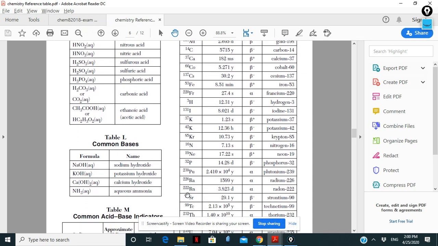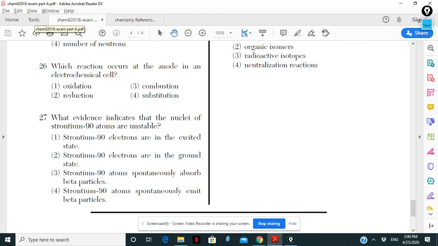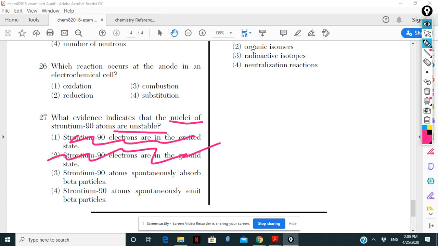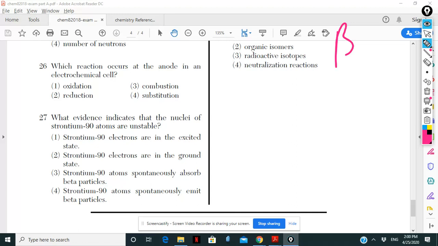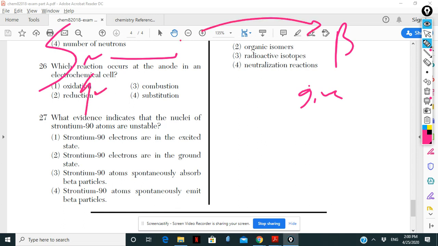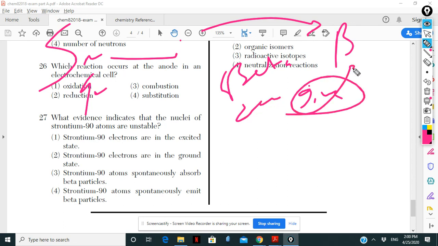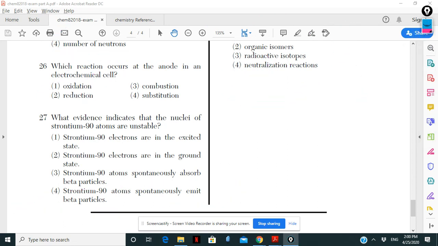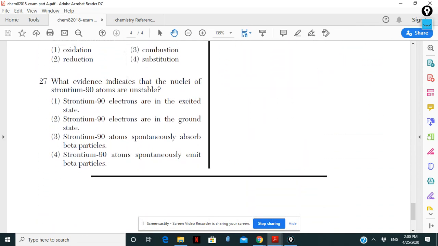And here is strontium-90 and it undergoes beta decay. Beta decay means it gives me a beta particle, so it's going to emit the beta particle. It doesn't absorb or capture.